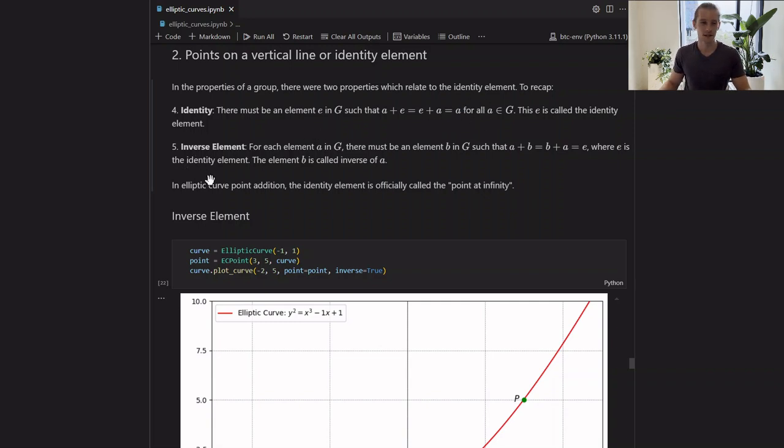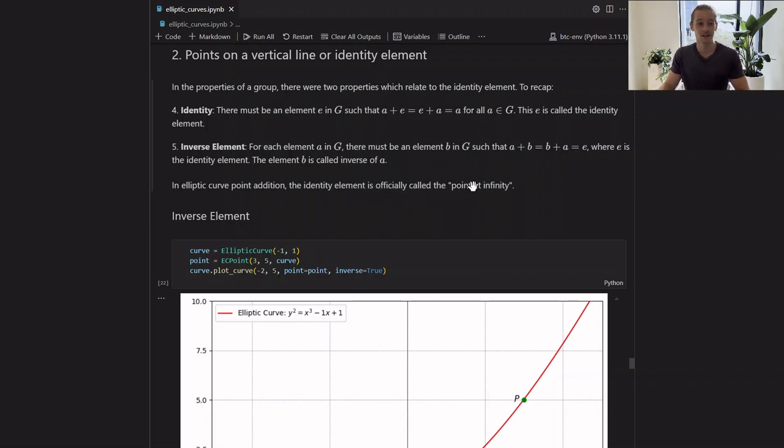And then the inverse element, meaning that if you have an element in a group, in our case a point on a curve, and you add the inverse element to that element, then you get the identity element. In this case, that means if we have a point on a curve and we add to it the inverse of that point, which is just the point reflected over the x-axis, then we get the identity element. We'll talk about this in a second.